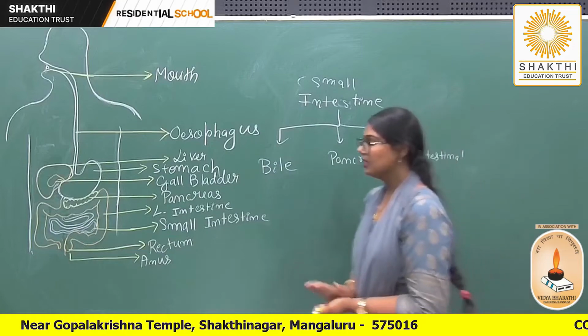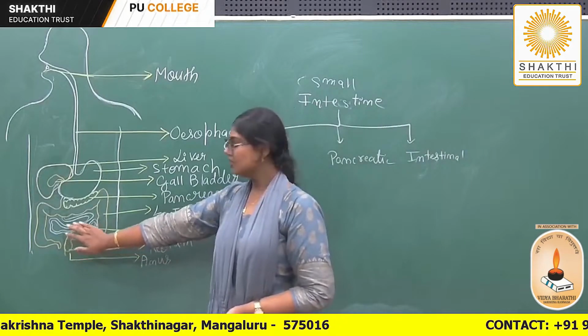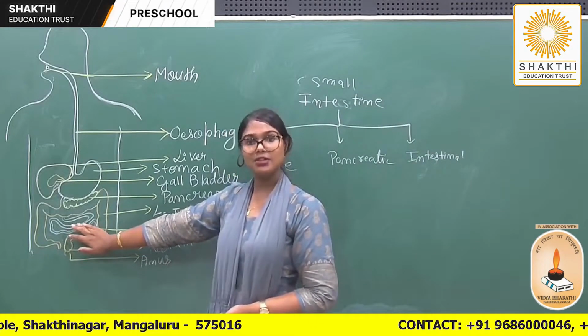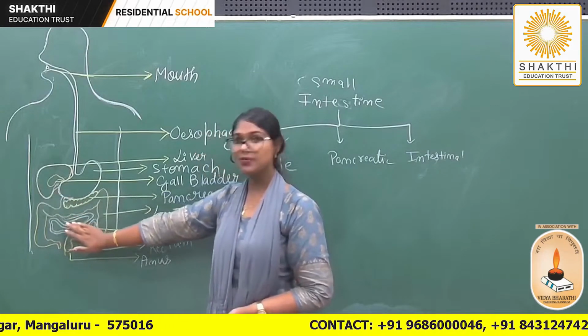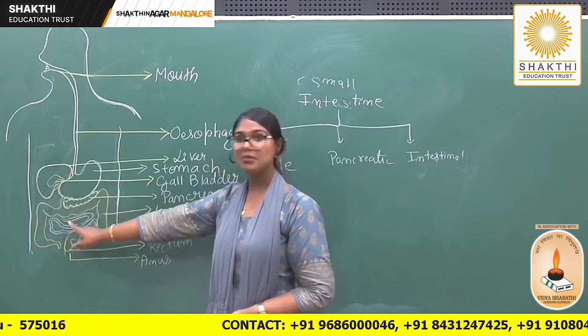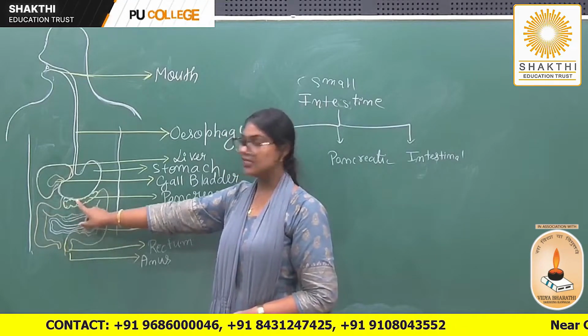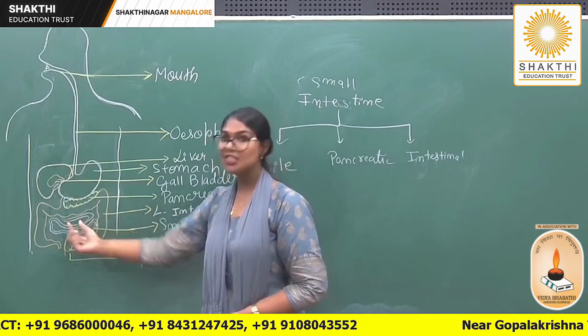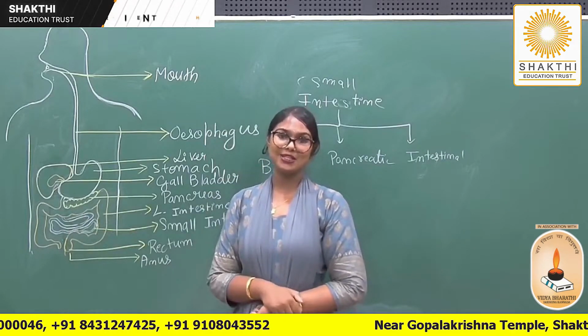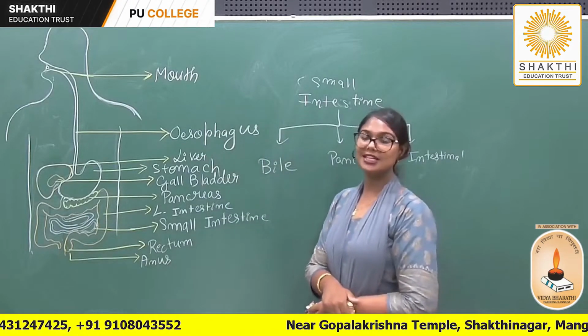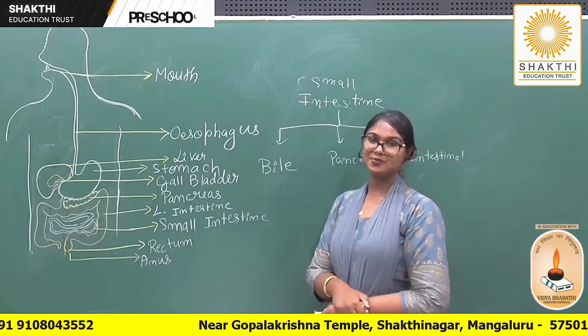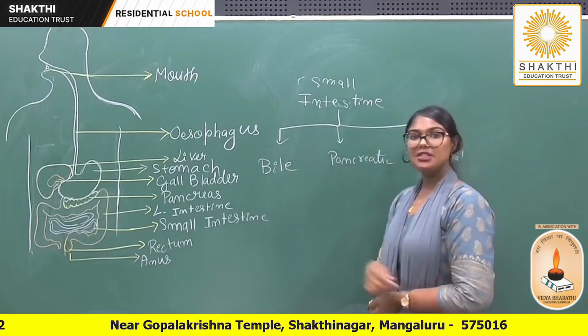First one, this is the intestine. So in the intestine, we have 3 juices. First one comes from the liver, students, that is nothing but the bile juice. Second one comes from the pancreas, that is the pancreatic juice. And third one, the intestine itself produces a juice, and that we call the intestinal juice. Let us start with the bile juice.